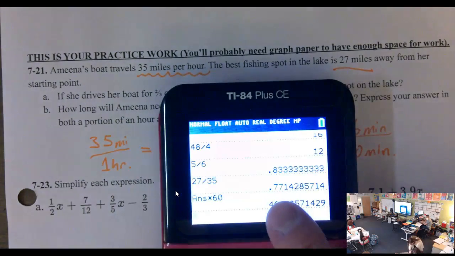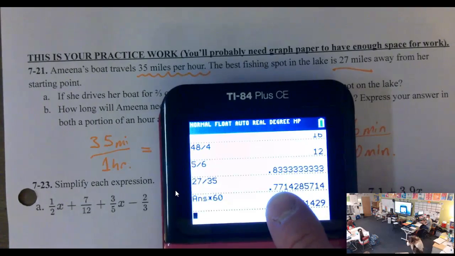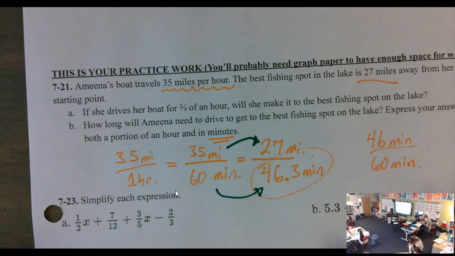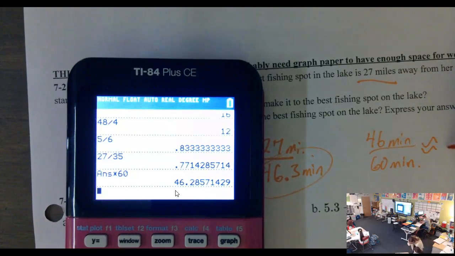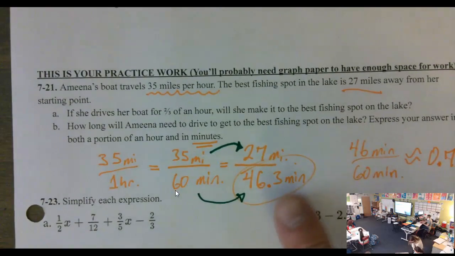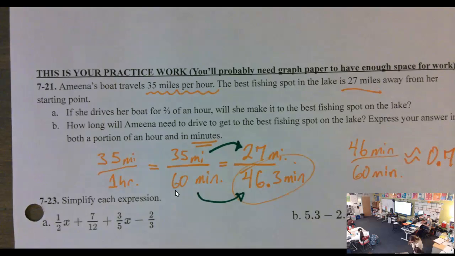So this decimal, that's your portion of an hour, is what John is saying. Yeah, because we're multiplying by that 0.77. So this is approximately equal to 0.77. I care more about your minute setup.